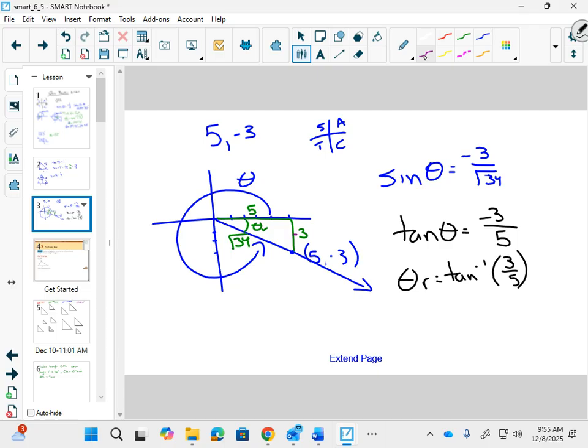And then I'd go to my calculator, and get 30.964. And so my actual angle would be 360 minus this, which is 329.036.